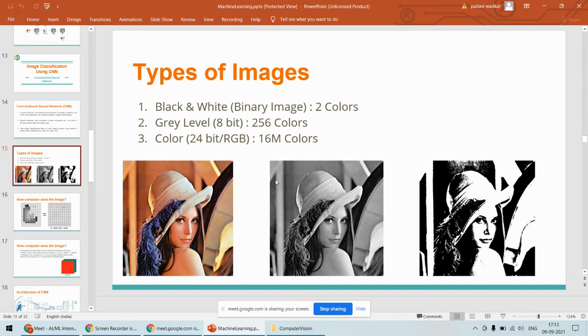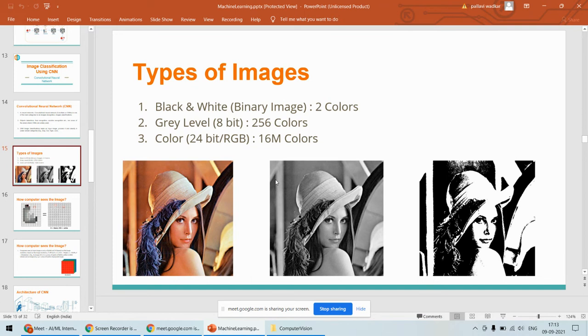The central image, the image at the center, is again the image of Lena, which is the most popular image in image processing textbooks. And this is actually a model, Lena, and her image is used for the image processing purpose.